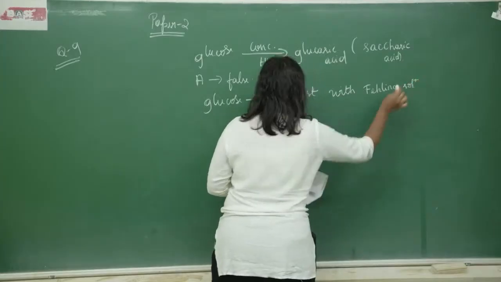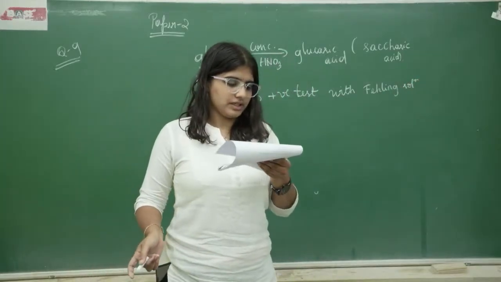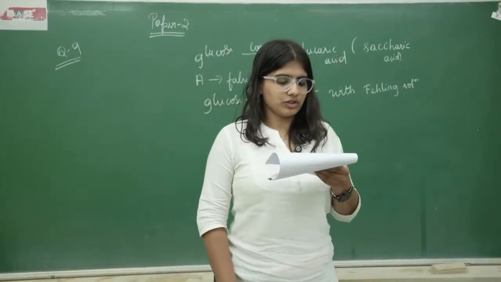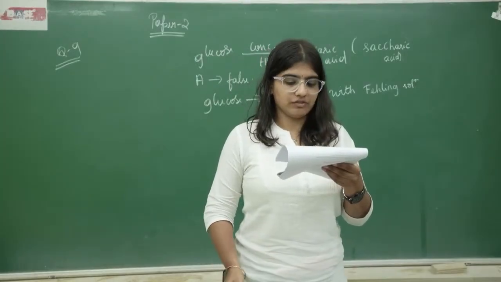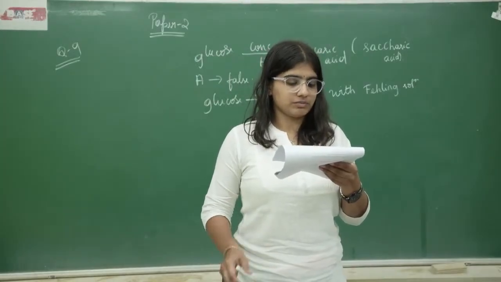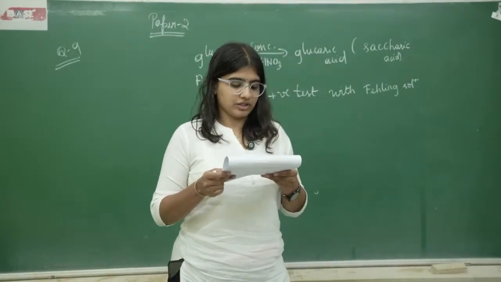So this is correct. Next, option C: invert sugar is an equimolar mixture of D-glucose and D-fructose formed after hydrolysis of the corresponding disaccharide, which is also correct.